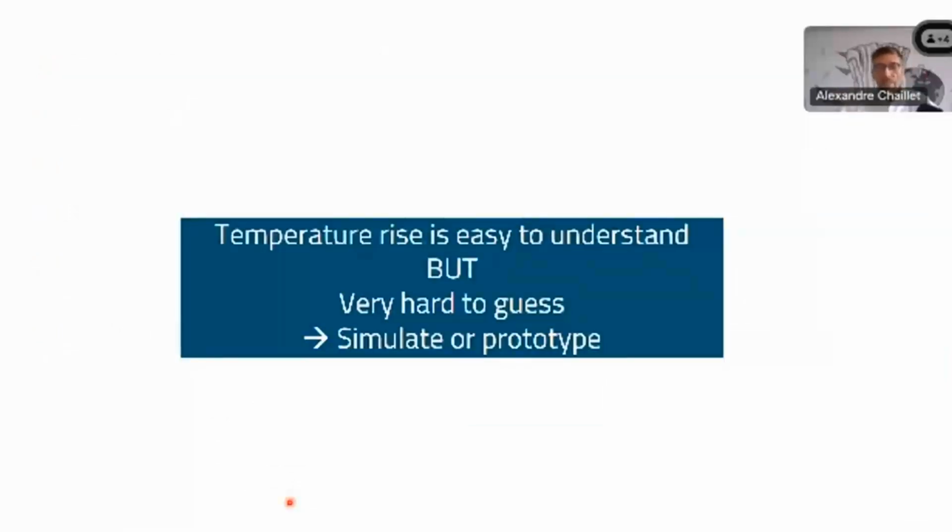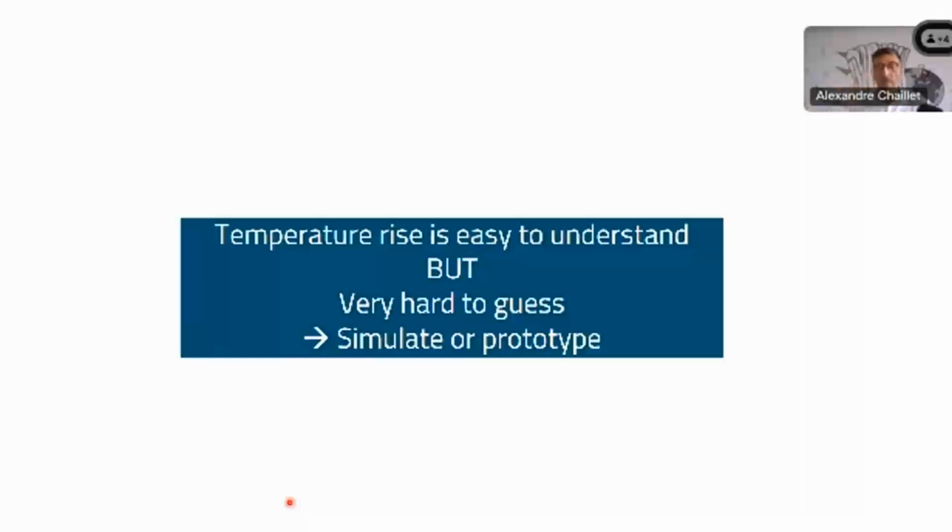Temperature is really easy to understand. We know that if we touch something hot, we remove the hand. Everybody knows that. If you see a temperature picture with a thermal camera, red is hot, gray or blue is not hot. This is really easy to understand.